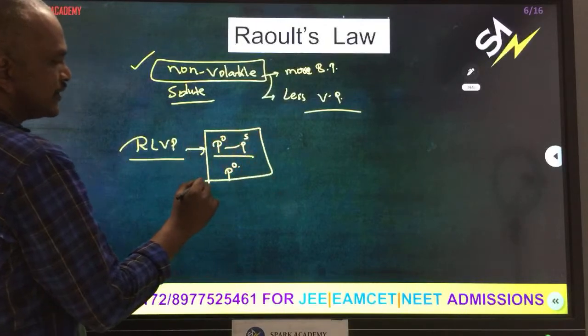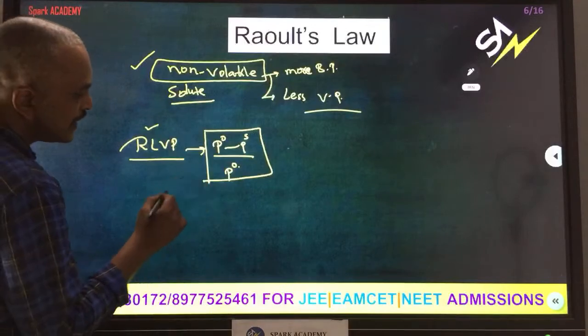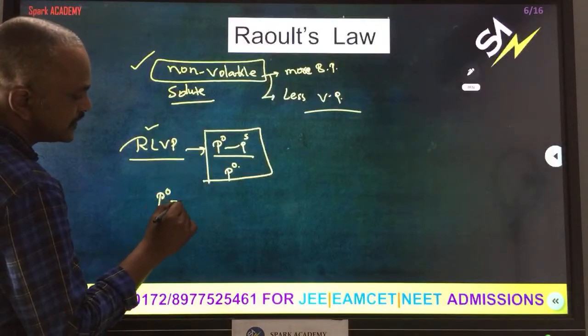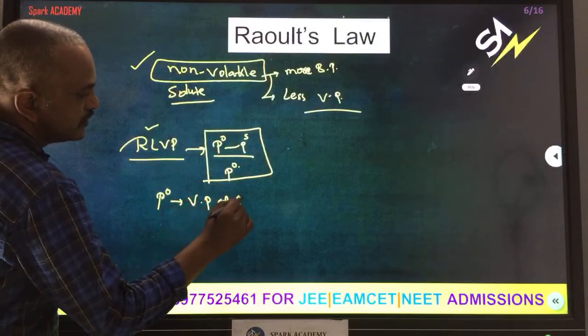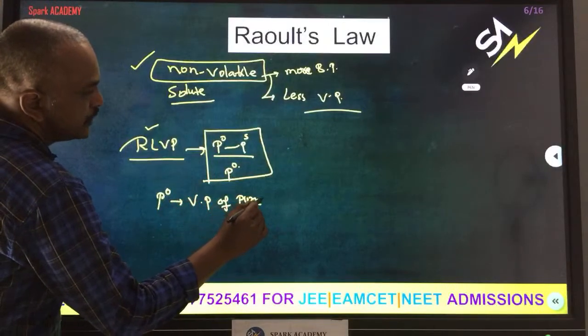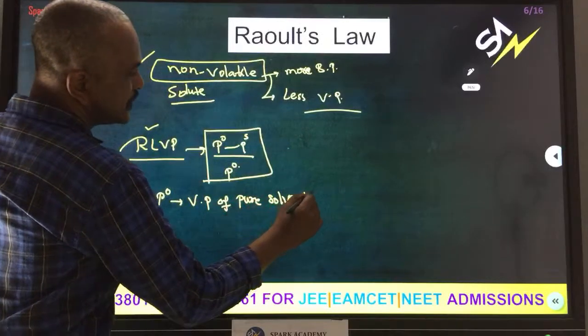So this ratio is known as the relative lowering of vapor pressure. Understood this one. Next, P naught means what is that? P naught means vapor pressure of pure solvent. Vapor pressure of pure solvent.